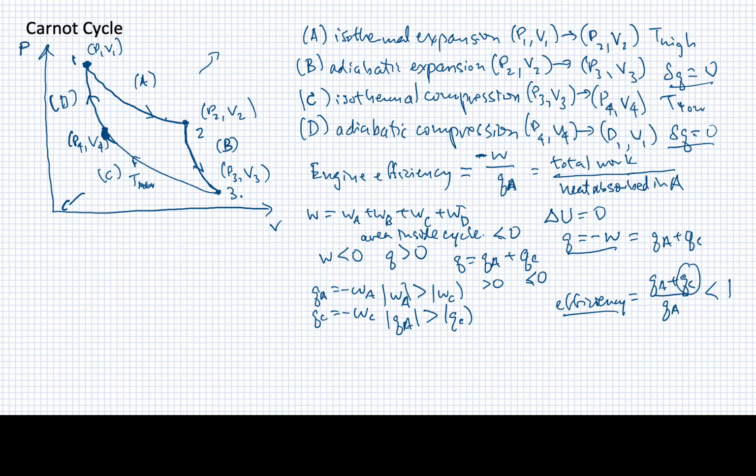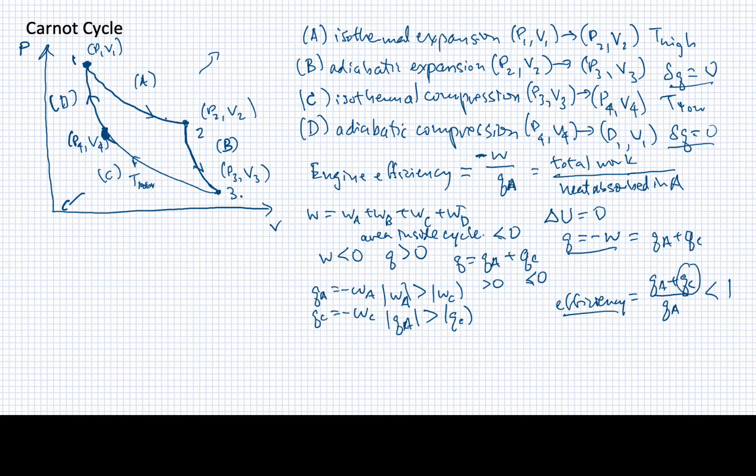I can never achieve perfect from this unless I somehow was able to have my low temperature occur at absolute 0, but no one has figured out exactly how to do that. But I'm always going to have a limitation to how efficient my engine can be.